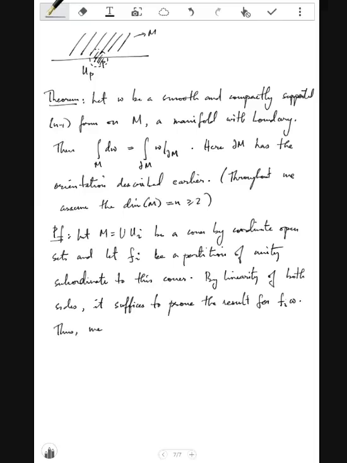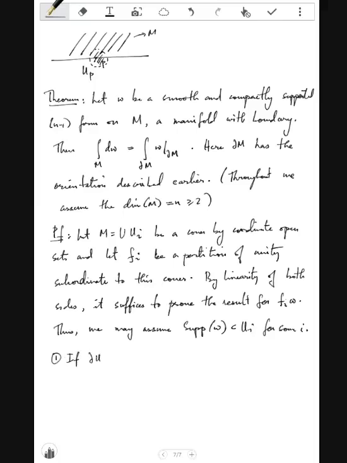Thus, we may assume support of omega is contained in Ui for some i. So there are two cases.